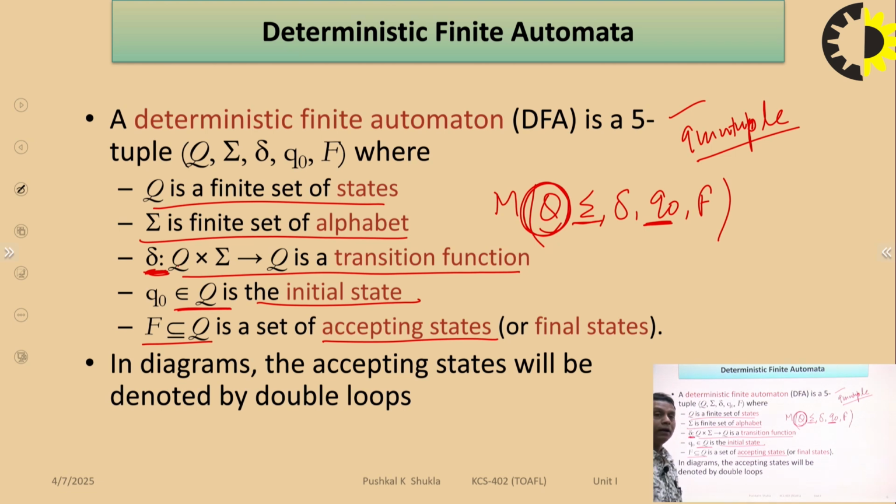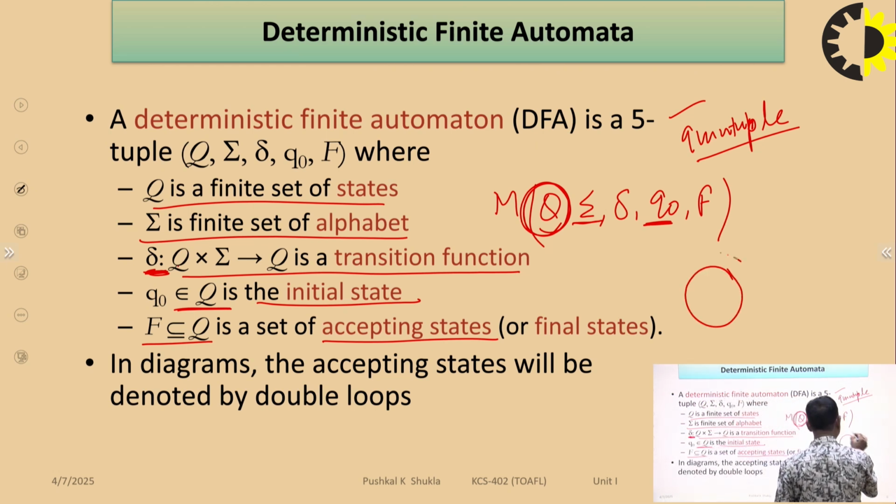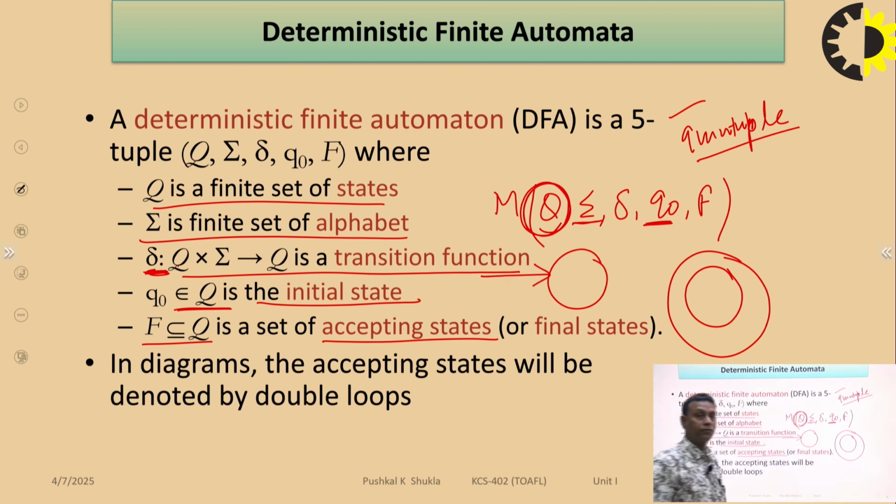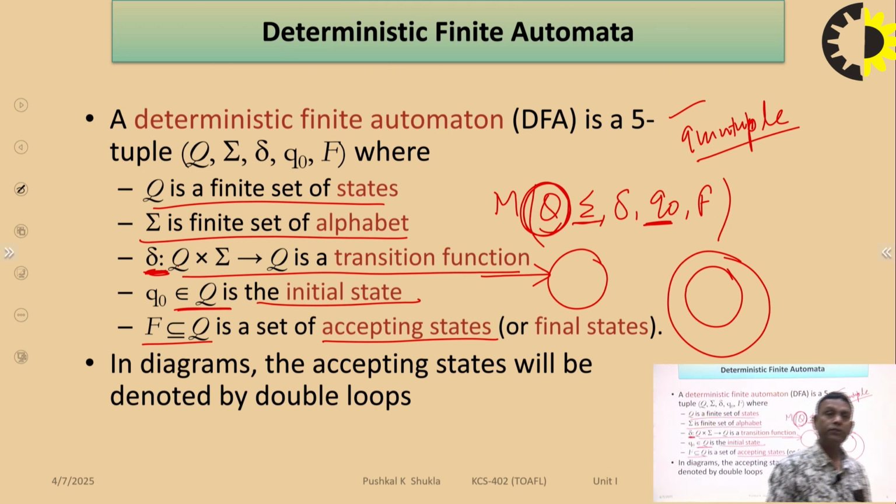In a DFA diagram, the accepting or final state is denoted by a double circle, and the initial state is represented by a single circle marked with an arrow like this. This is the representation of initial and final states in a diagram.